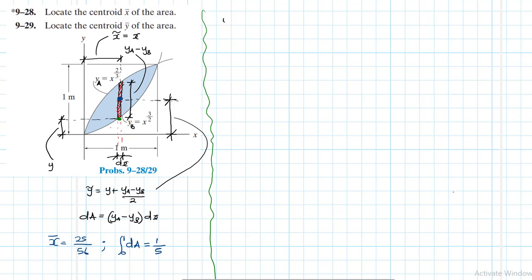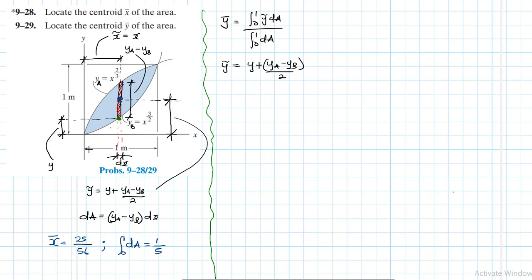Okay, let's find y bar. Y bar is going to be equal to the integral from 0 to 1 of y cubed dA divided by the integral from 0 to 1 of dA. Okay, so what is our y cubed? Y cubed we said is equal to y plus (ya minus yb) divided by 2, right?